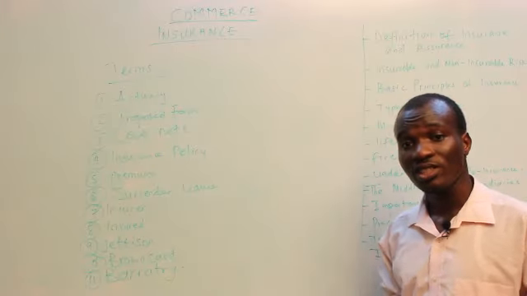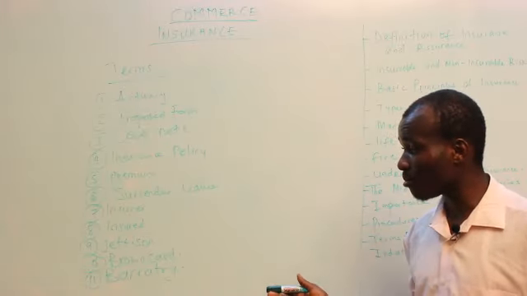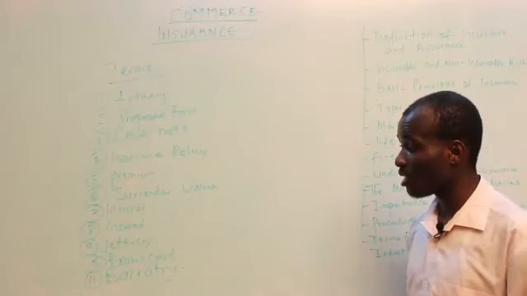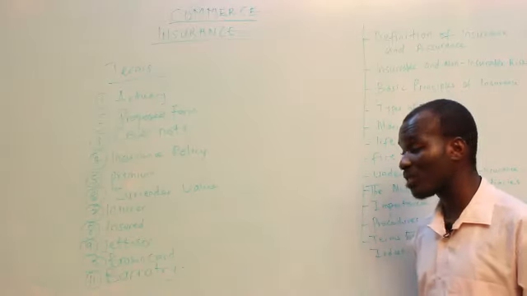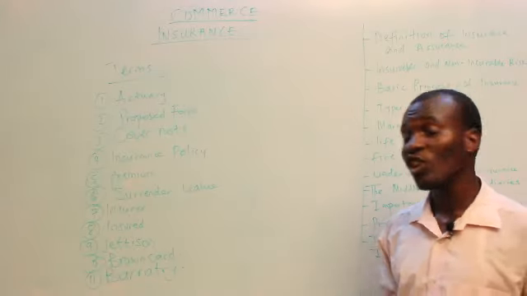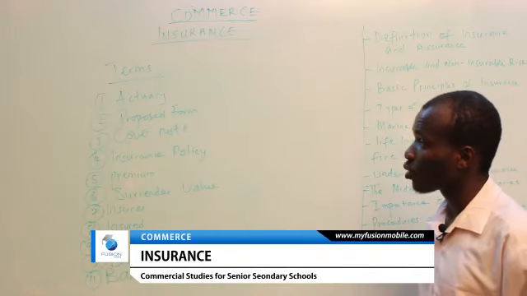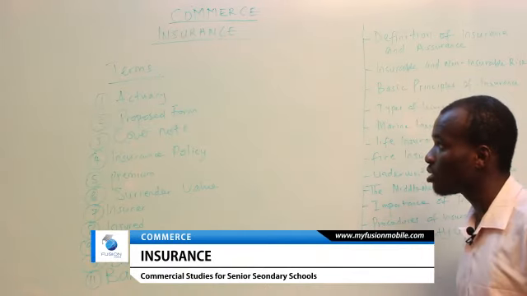In such a situation, we term it barratry. So when the decision of the ship captain is contrary to the interest of the ship owner, that becomes barratry under insurance. So these are the terms used in insurance policies.